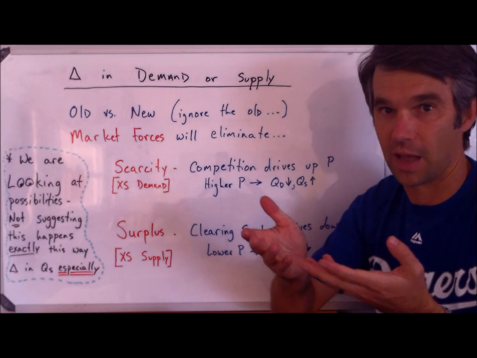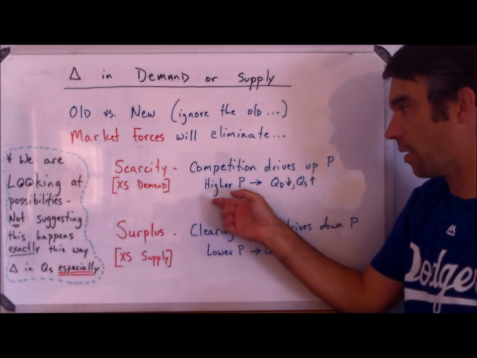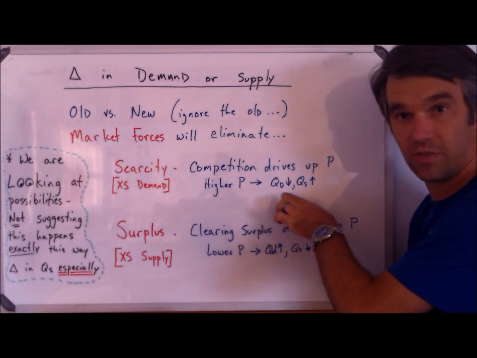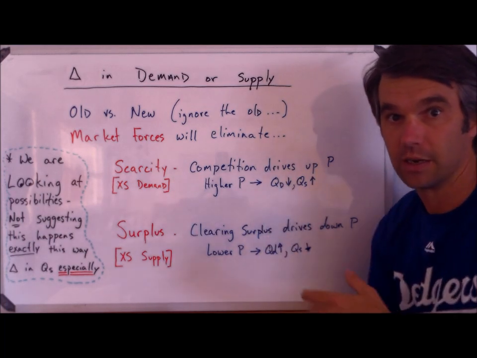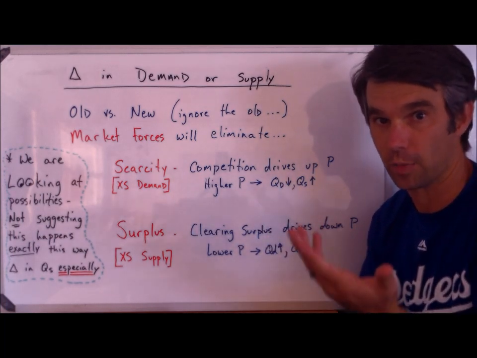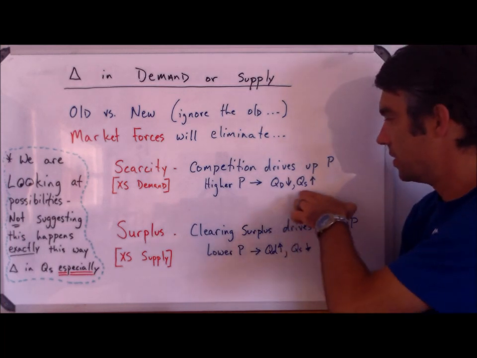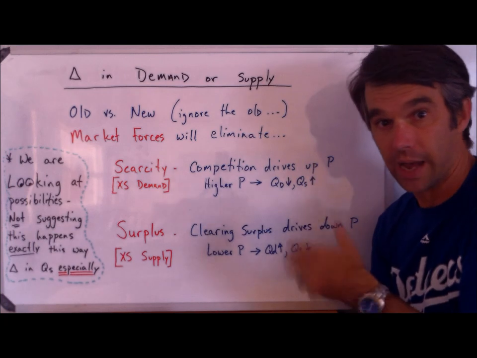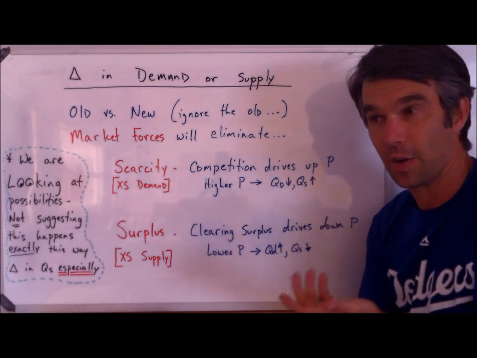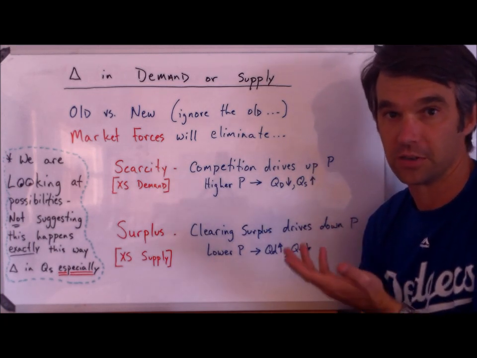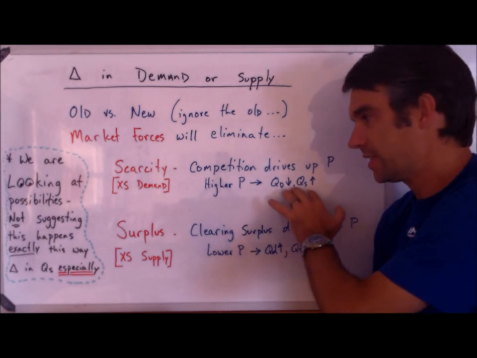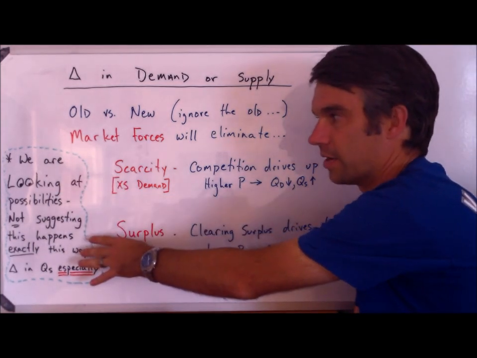That's going to drive price up. The result of higher price, again, is that demand is going to fall, right? People are going to be eliminated because they're not willing to pay the higher price, or maybe they're not able to pay the higher price. And then supply is going to be driven up, not down, because again, now it becomes more valuable for a supplier to do this.